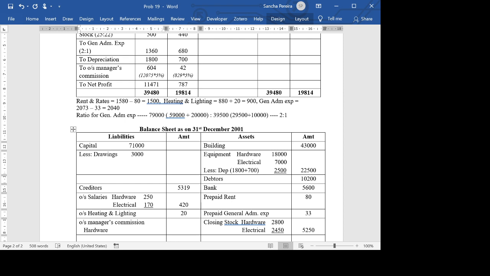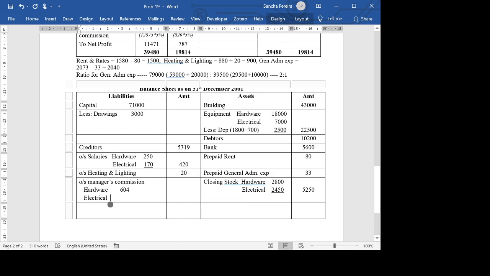Hardware it is 604, and electrical it is 42. So 604 plus 42 comes to 646. The total commission is 646.